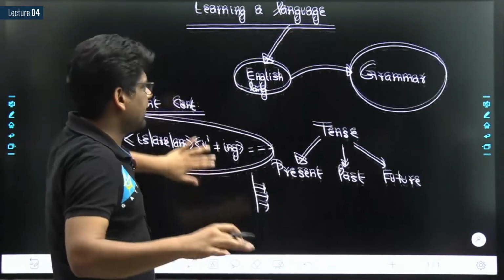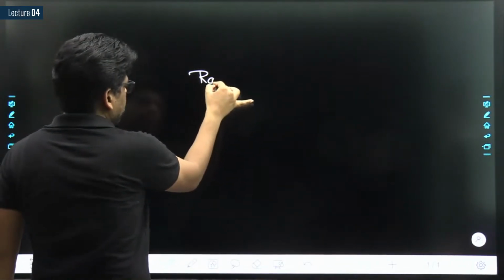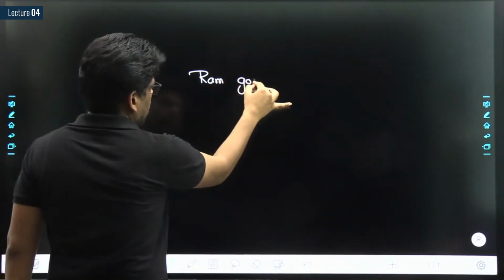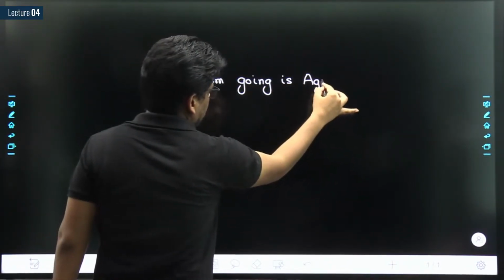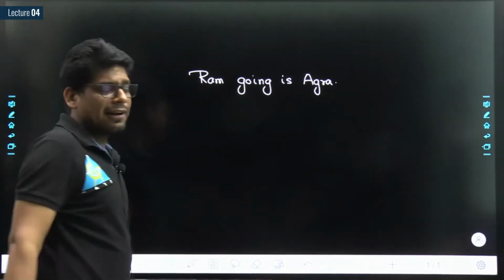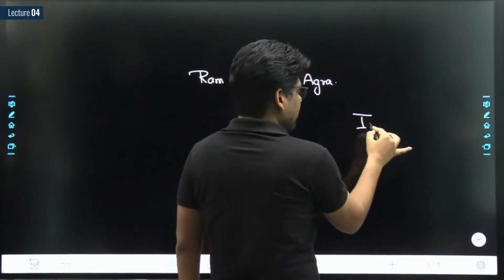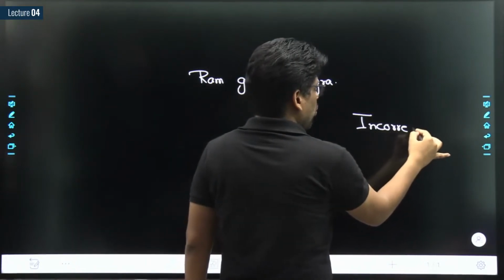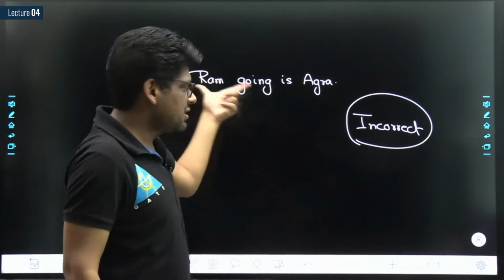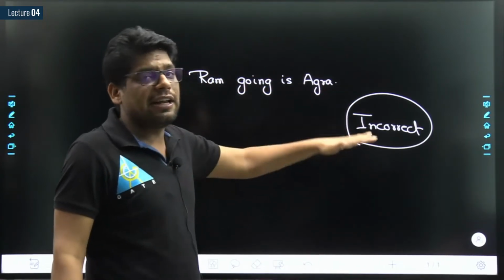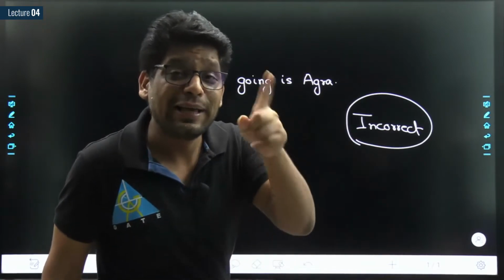Try to understand. Let me talk about the English language. If I say, "Ram going is Agra", is it correct or incorrect? If you are saying incorrect, that means you know English grammar.